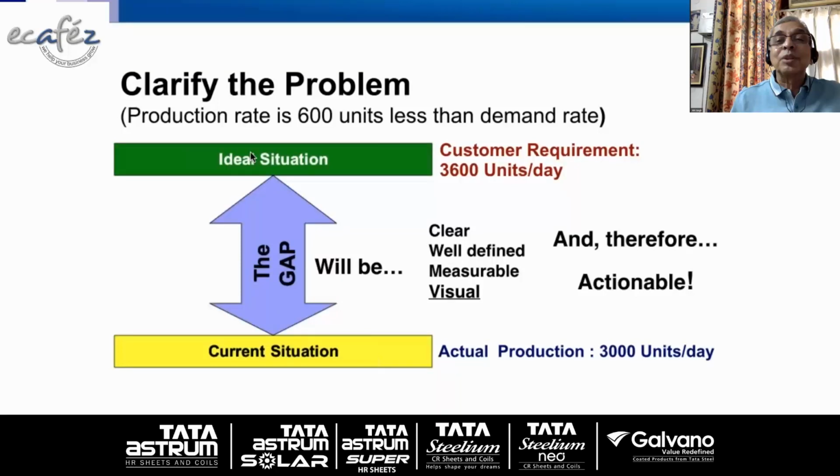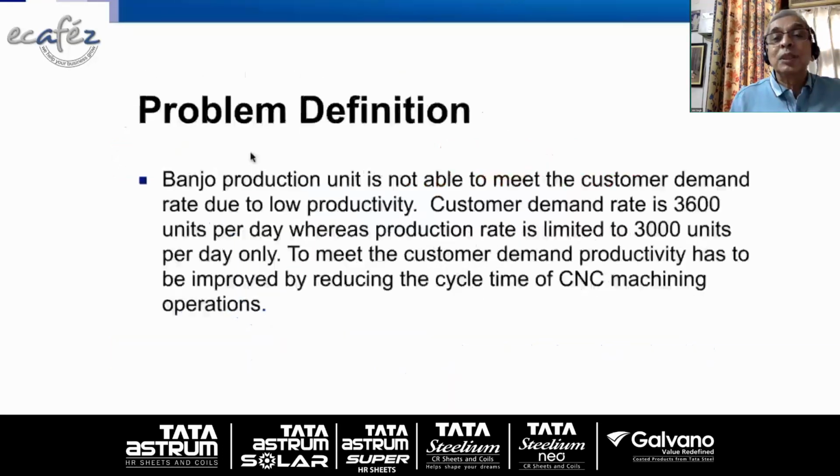So a realistic target was fixed: from the current level of 3,000, we have to achieve 3,600 units per day. So what is the problem? The gap was a shortage of 600 units per day. We have to increase our production by 600 units per day by solving the problem.